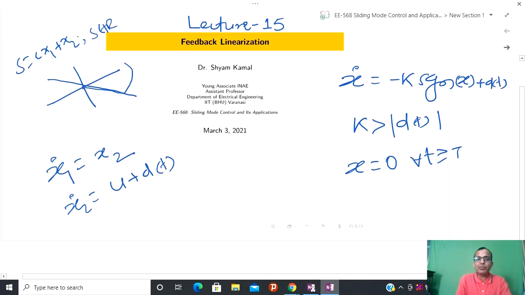After that we can prove that x1 tends towards 0 and x2 tends towards 0. So you can see that the result is a little bit diluted now. I am saying that x1 and x2 tend towards 0 as t tends towards infinity.